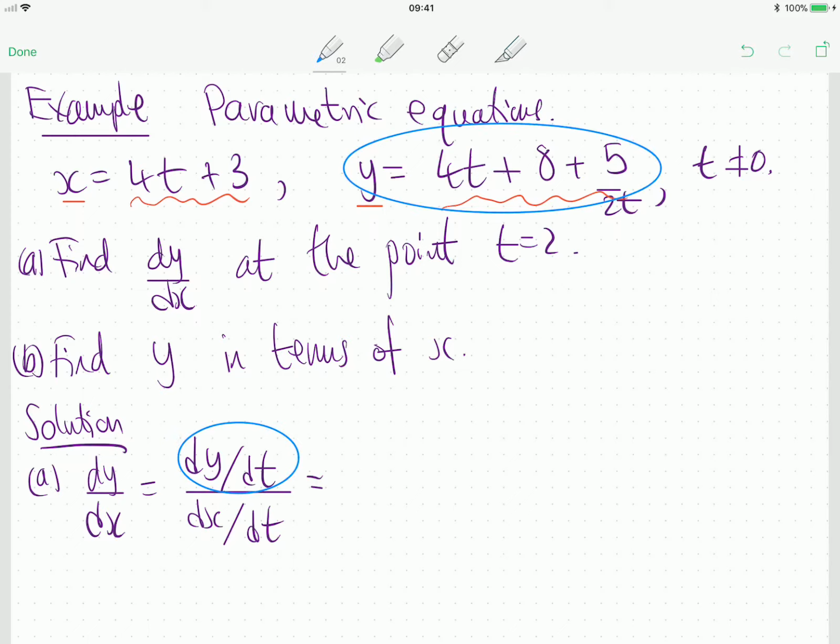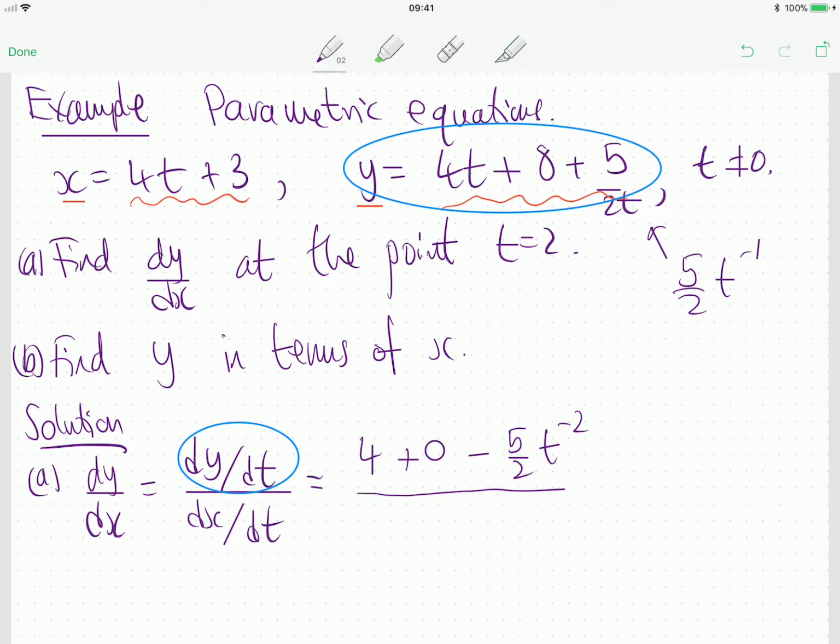Some relatively simple differentiation: 4t differentiates to 4, 8 differentiates to 0, and we need to rewrite this term as 5 over 2, t to the minus 1. If we differentiate this, we get minus 5 over 2, t to the power minus 2.